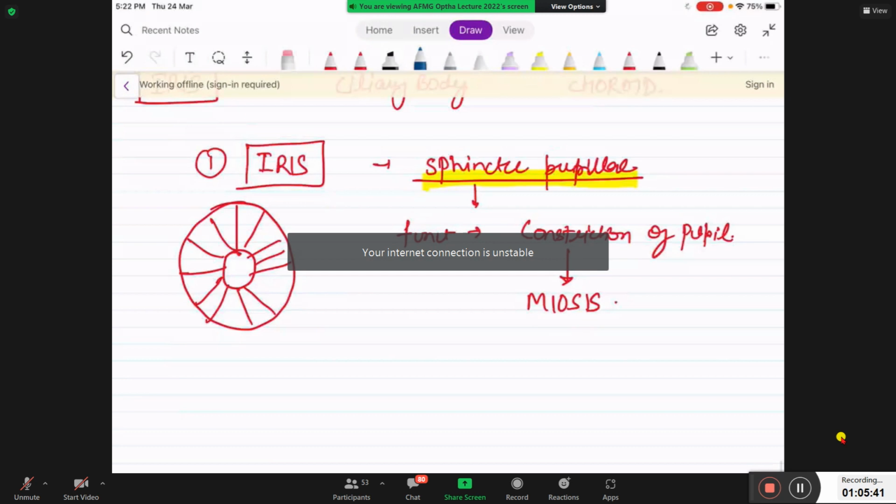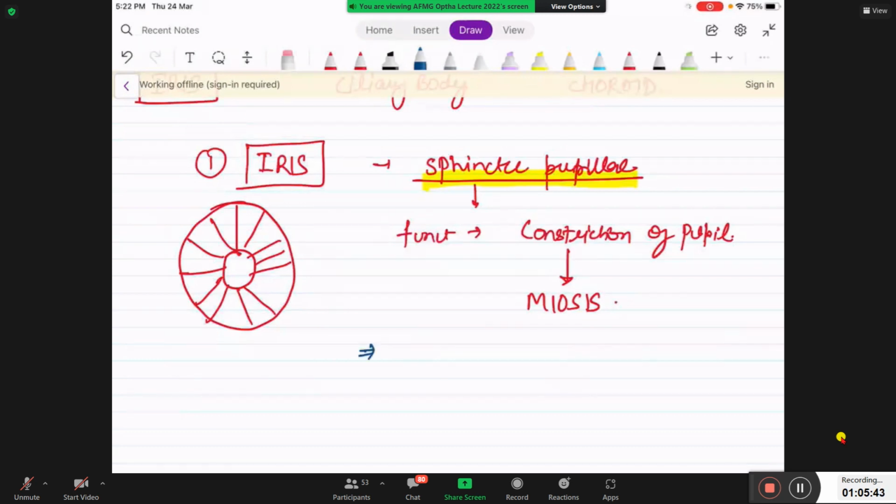Now the second group of muscle is called as dilator pupillae muscle. As the name suggests, can you see? It is dilating the pupil. So this is very easy. You can understand by the name itself.